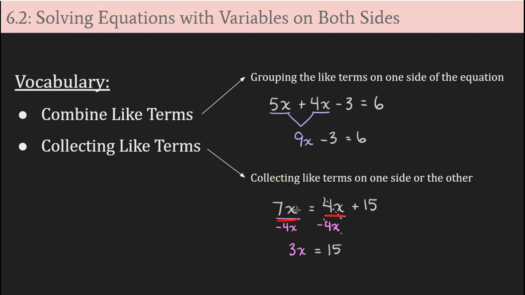So in this case, collecting means that we're trying to gather the like terms and bring them to the same side of the equation. So the difference between combining like terms and collecting is that collecting is gathering all the like terms and making sure they're going to the same side of the equation, whereas combining like terms is conducting that mathematical operation that exists between the two on one side of the equation.